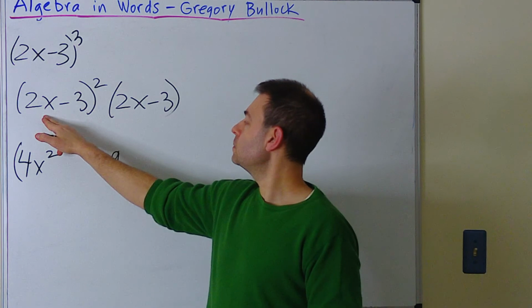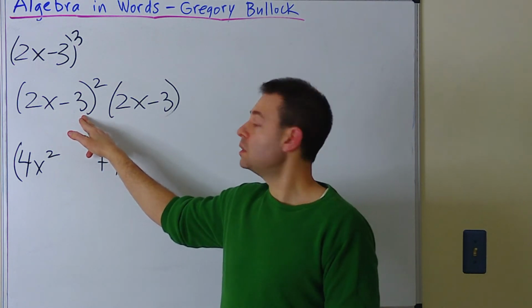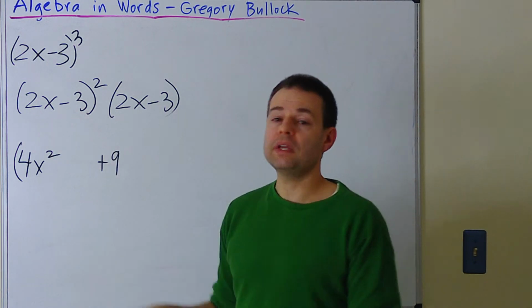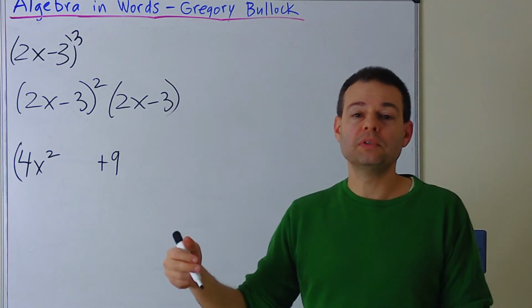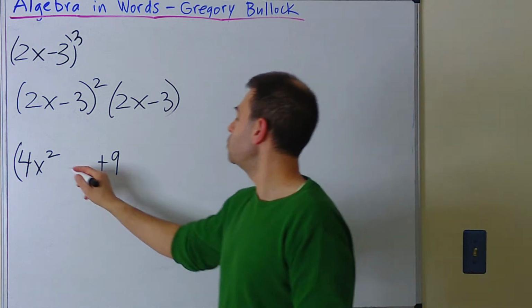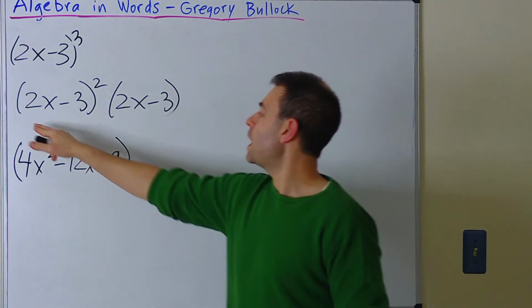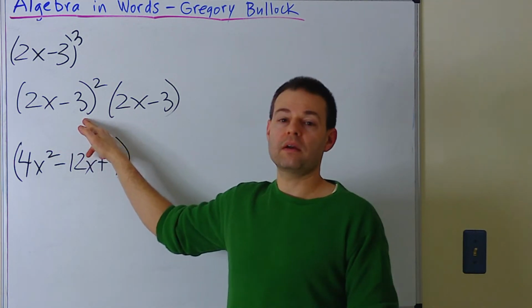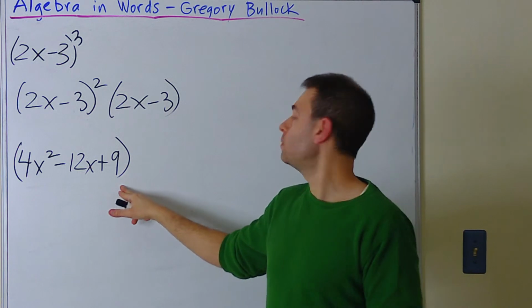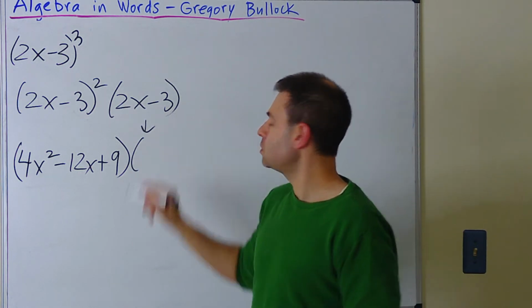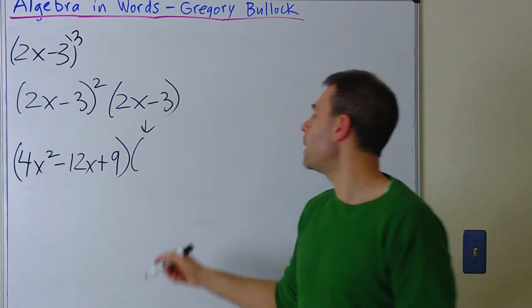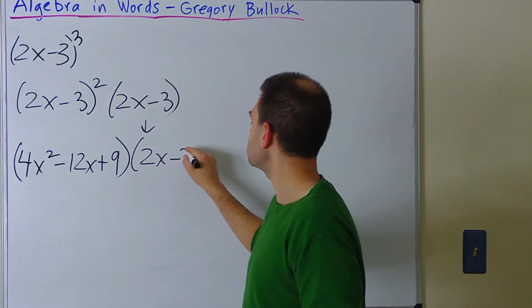The first term times the last term, doubled. 2x times negative 3 is negative 6, doubled, or times 2, which would make negative 12x. So now we converted the binomial squared into our perfect square trinomial, but we still have to multiply that by the remaining binomial, 2x minus 3.